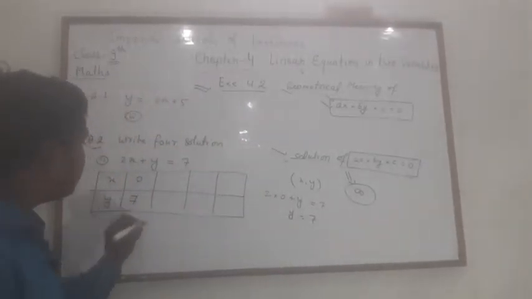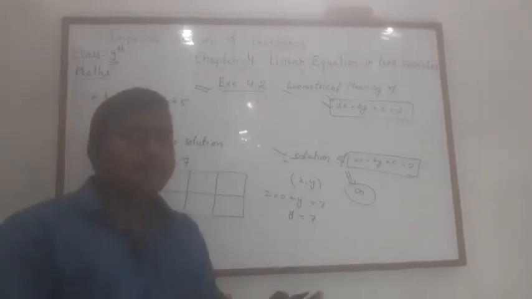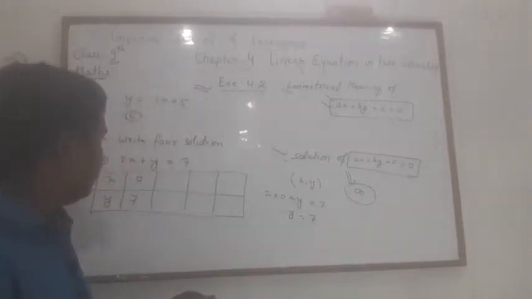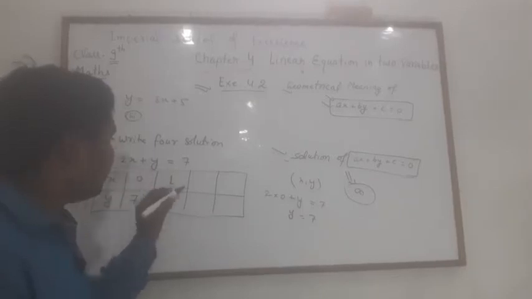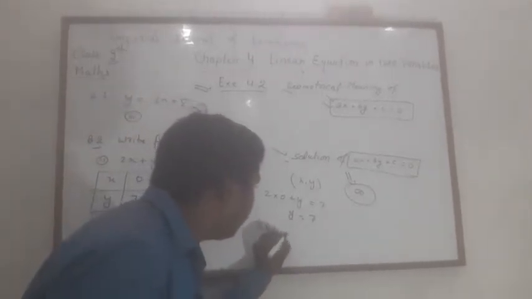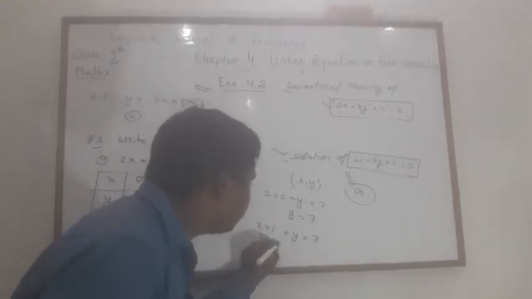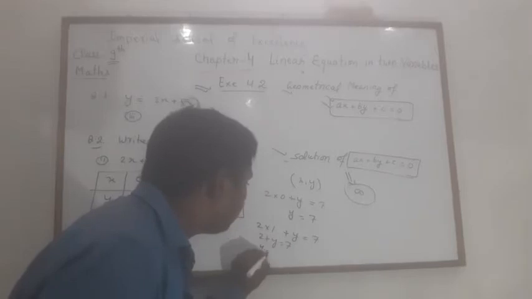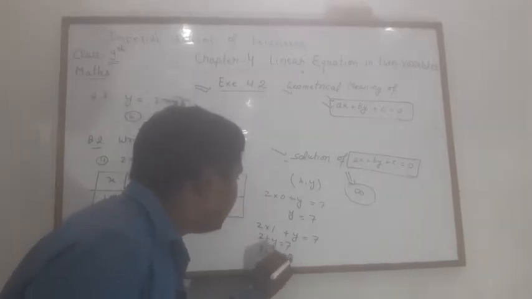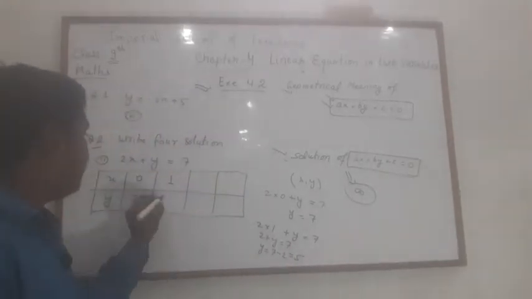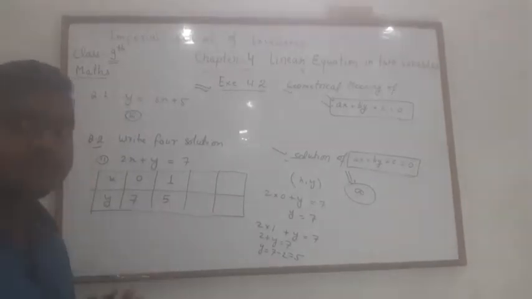When x is 0, the value of y is 7. Now put the value of x as 1: 2 into 1 plus y is equal to 7, so 2 plus y is equal to 7, so y is equal to 7 minus 2, which is 5.